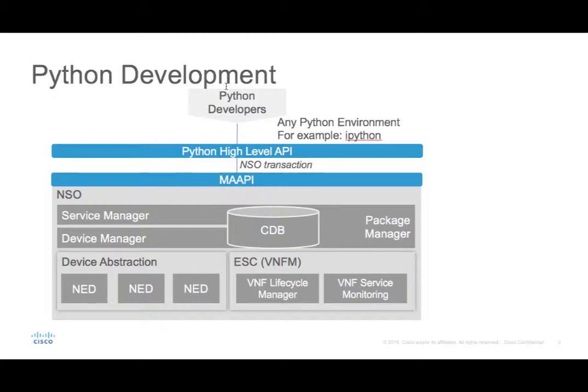Python also provides a number of high-level APIs. One of those is the Magic API. The Magic API simplifies interaction with NSO in Python by providing standard Python object dot notation. So you can actually navigate down the configuration tree using simple dot notation.